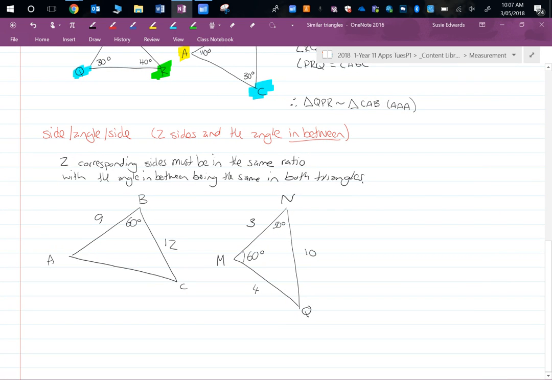All right, so which angle corresponds with B? M. Which angle corresponds with A?